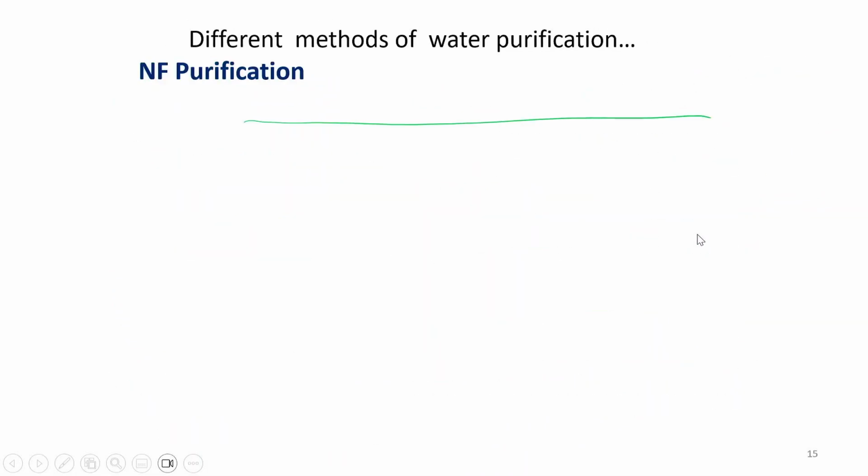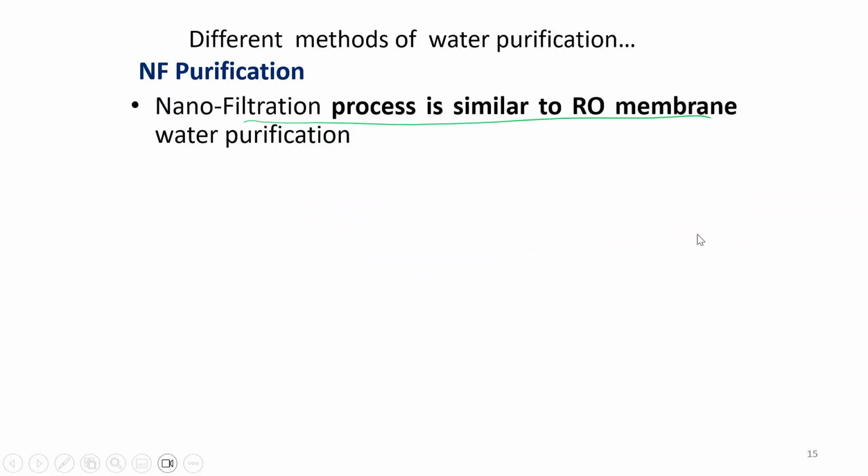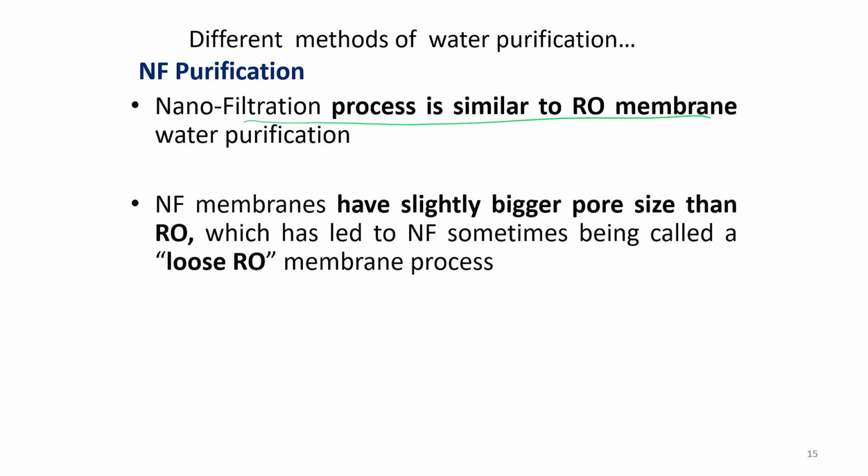Let me go on now. Nanofilter membranes have slightly bigger pore size than RO filters, and sometimes we call it a loose RO, a loose reverse osmosis membrane, because of the larger size.